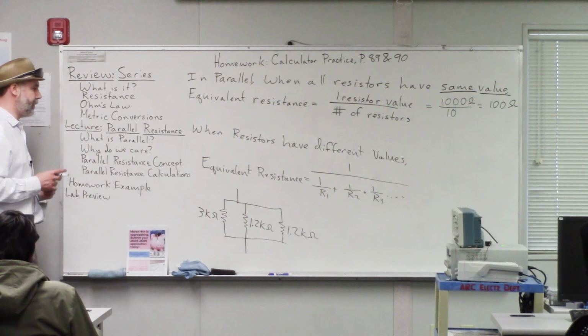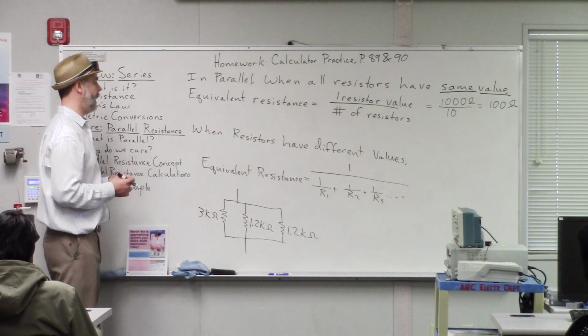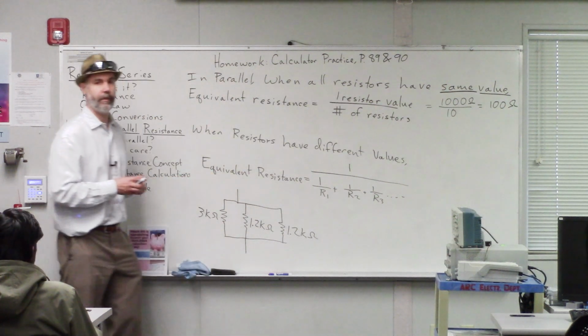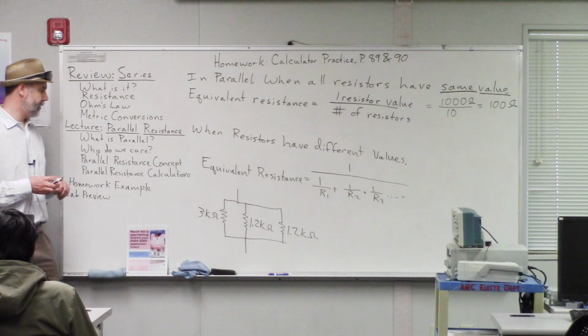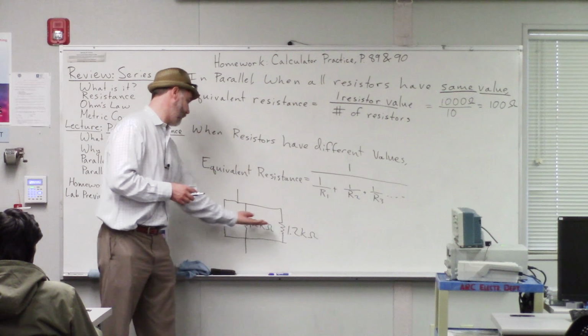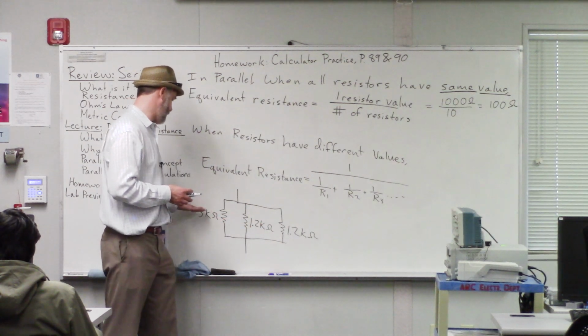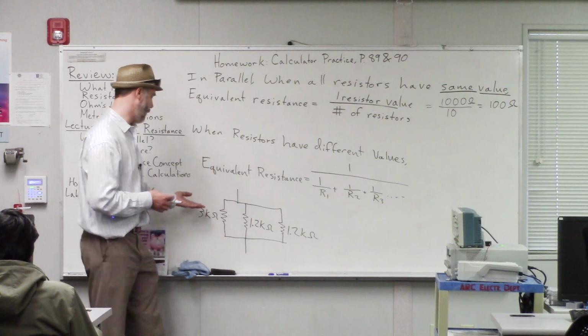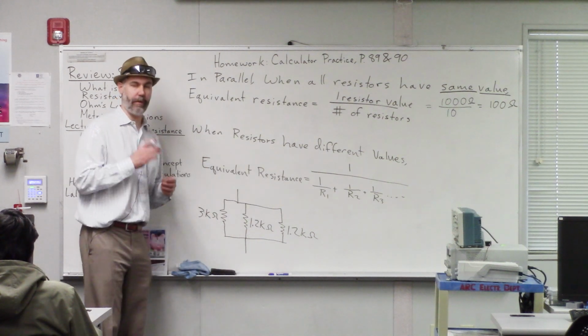So we can do this equivalent resistance again. Can we use this formula up here? Maybe we could do that part over there. But since we got 3 of them in parallel and they're not all the same value, we might as well use this formula down here.